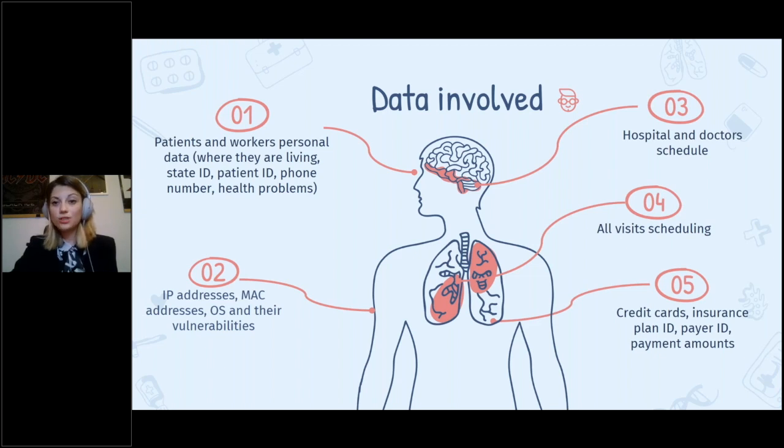Also, IP addresses and MAC addresses of medical devices, operating systems, and their possible vulnerabilities. The hospital and doctor schedules are also involved. Some data is also related to credit cards, and some of it is on the deep web, for example, insurance plans, identification numbers, payer identification numbers, and payment amounts.